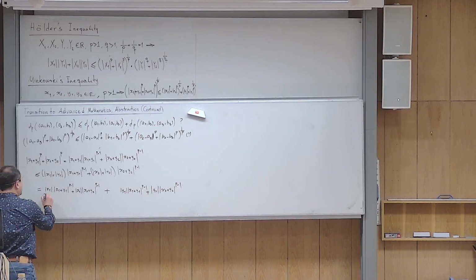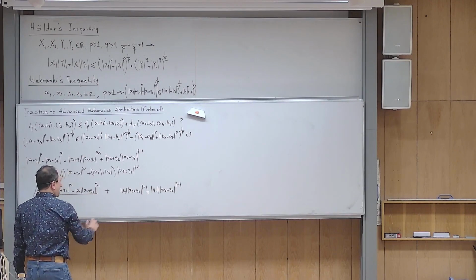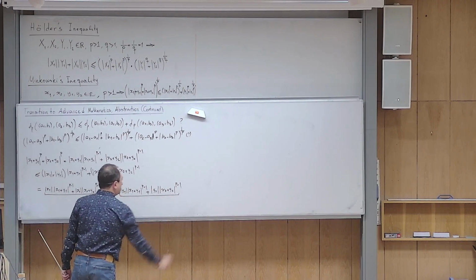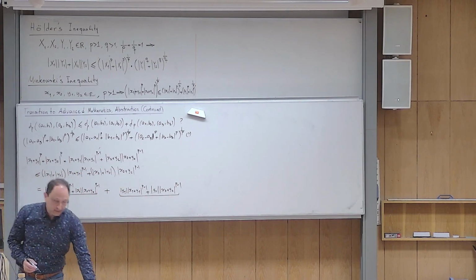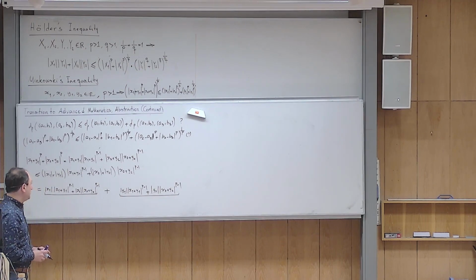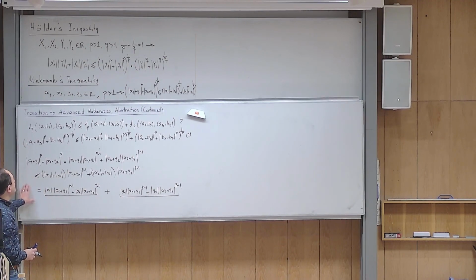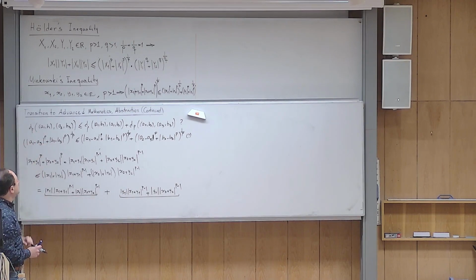Okay, but what I want to do is use the Hölder inequality for this part and that part in a very creative way. So what do you think I will do here? I want to use Hölder's inequality as you see on the board. So let us concentrate on this piece for the time being.